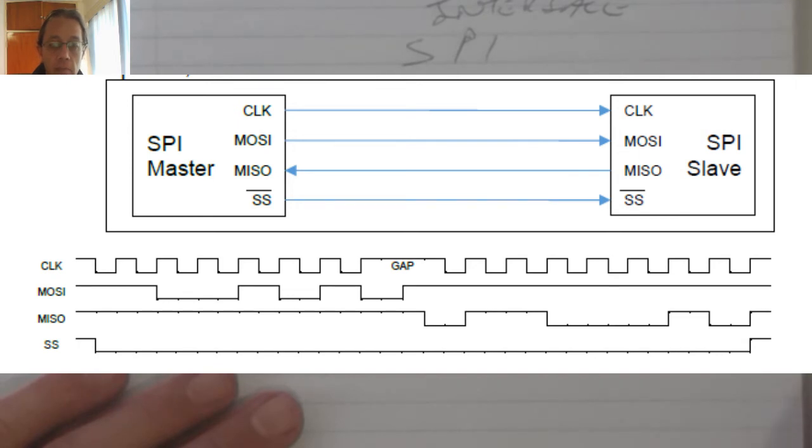On the slide we can see the basic operation of how the clock pulses, or the pins on the master and the slave, communicate together in order to transmit and receive data between the two.